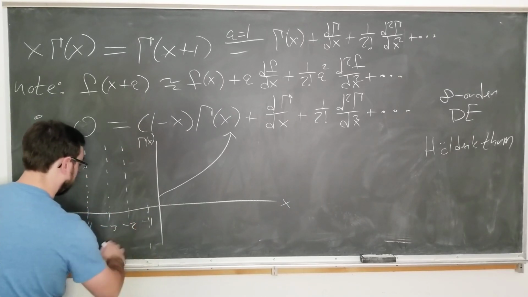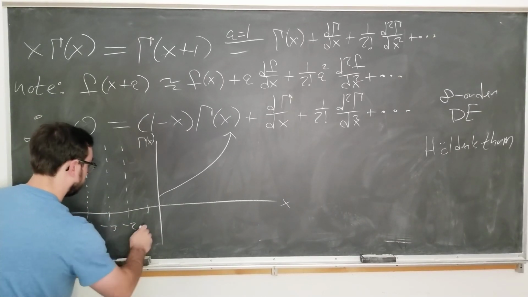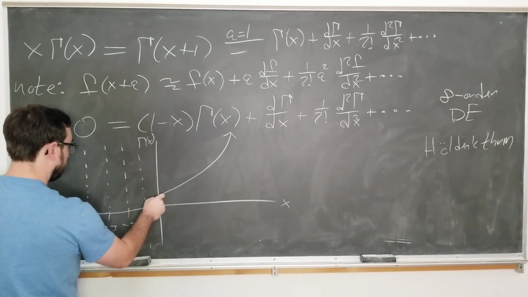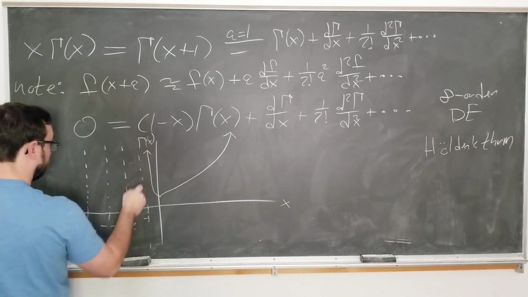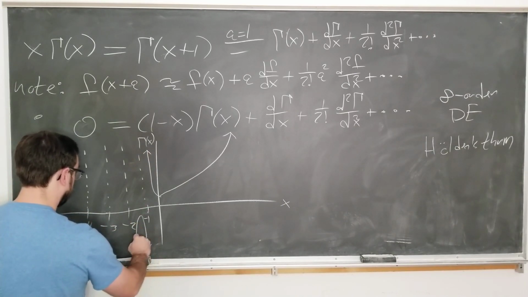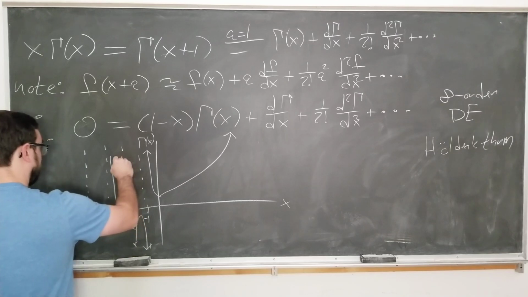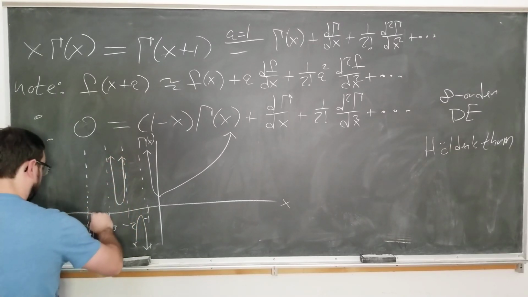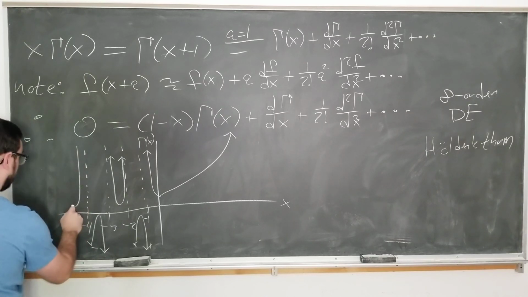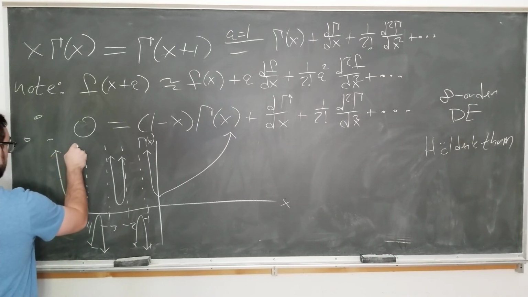It goes up forever, and then comes down like this or something. And then up, down, whatever, who cares? It's not important. I'm not trying to draw you the best ever graph of the gamma function.